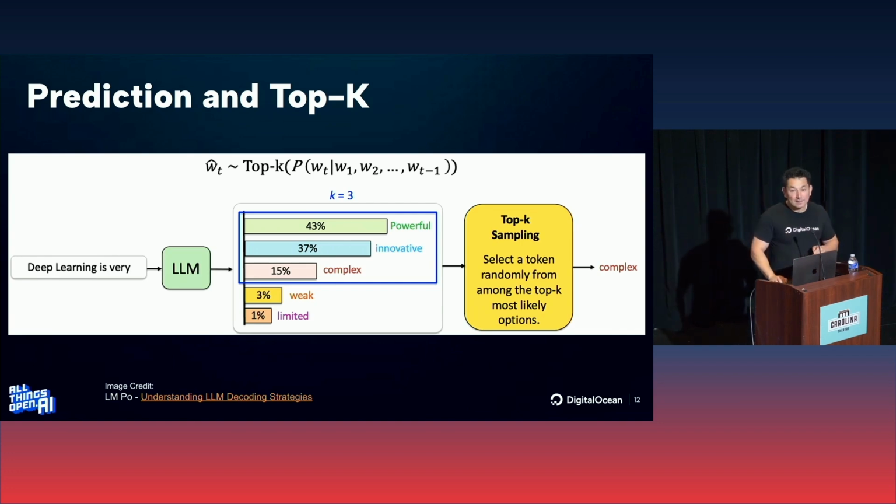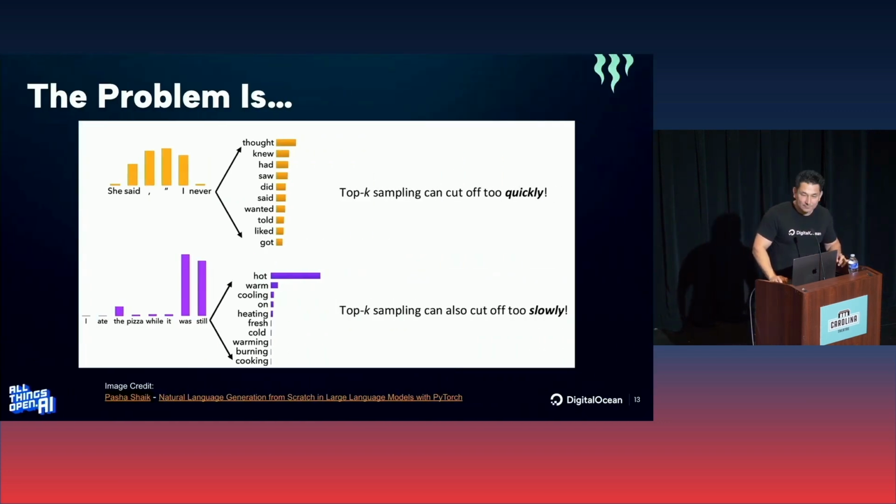So to make that example far more concrete, in this top picture we have a top K of 10, and we have "she said, comma, quote, I never," and these are the top 10 tokens.